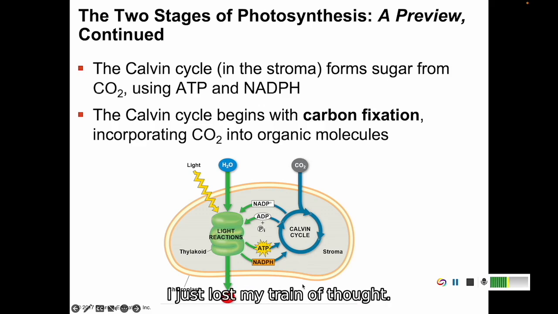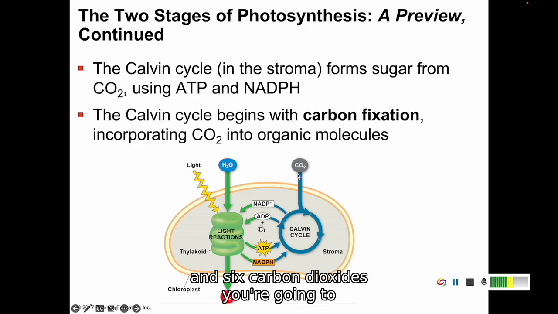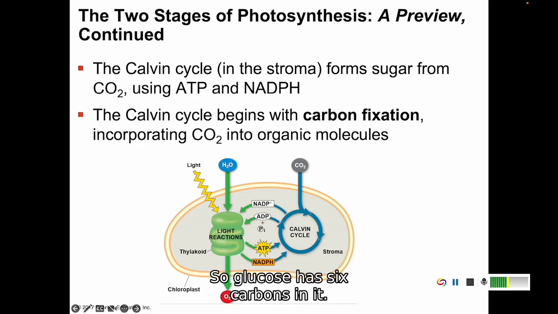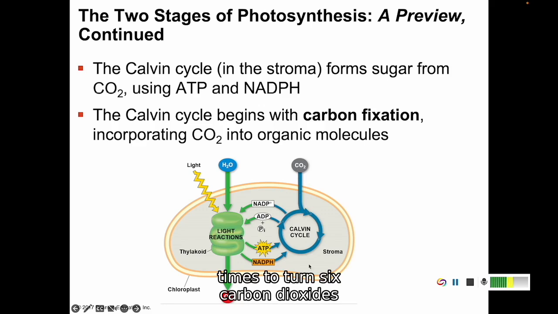So it's going to take carbon dioxide along with energy from ATP and NADPH, and 6 carbon dioxides are going to turn into one molecule of sugar. So glucose has 6 carbons in it. Those 6 carbons came from running this Calvin cycle 6 times to turn 6 carbon dioxides into that 6 carbon sugar.